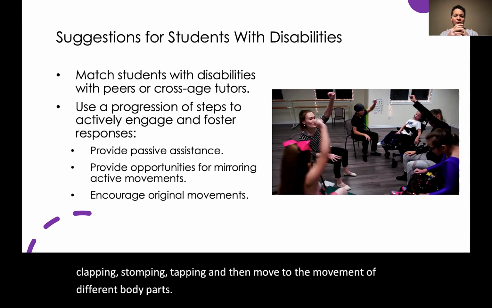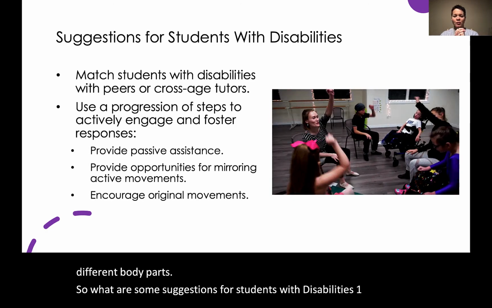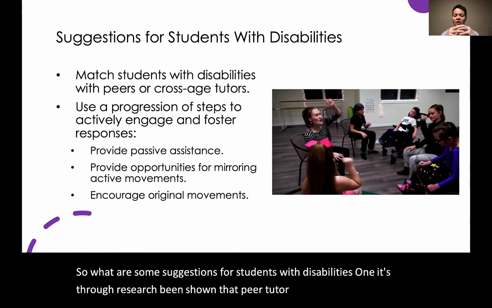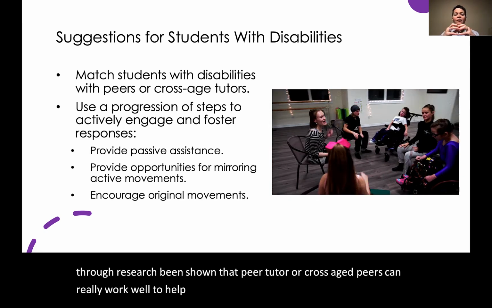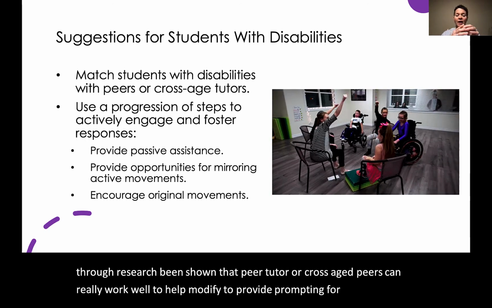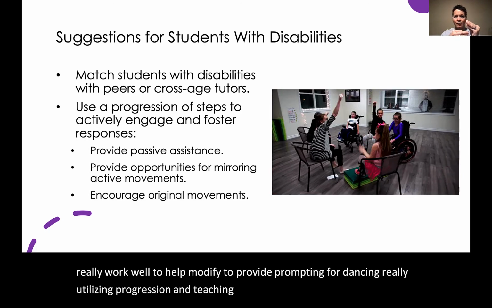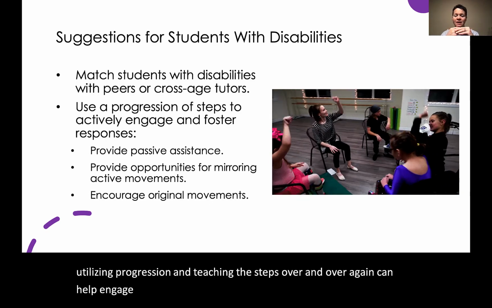So what are some suggestions for students with disabilities? One, research has shown that peer tutors or cross-age peers can work well to help modify and provide prompting for dancing. Using progression and teaching the steps over and over again can help engage and foster responses.